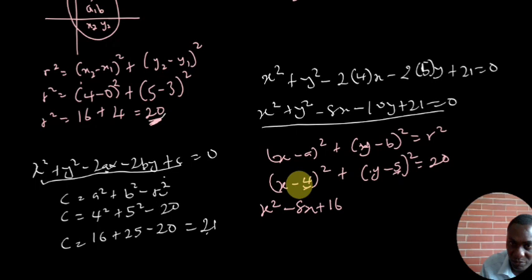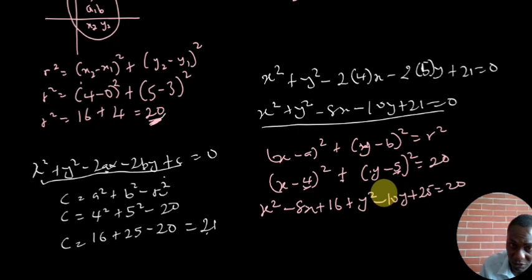Then I have plus, then I'll do the same with this again. I'll multiply this by itself, then multiply 2 by y by minus 5, then I'll multiply minus 5 by itself, so that's going to be y squared minus 10y plus 25 is equal to 20. So I'll have to collect like terms.